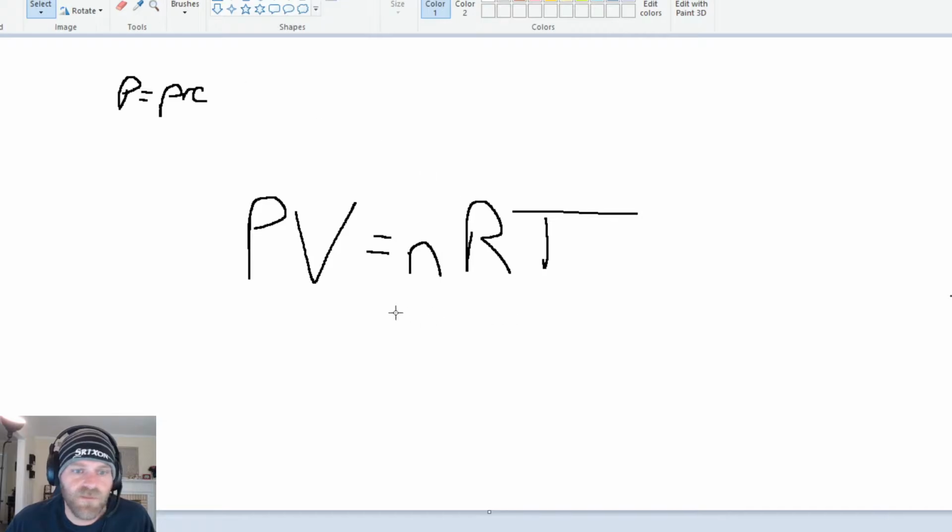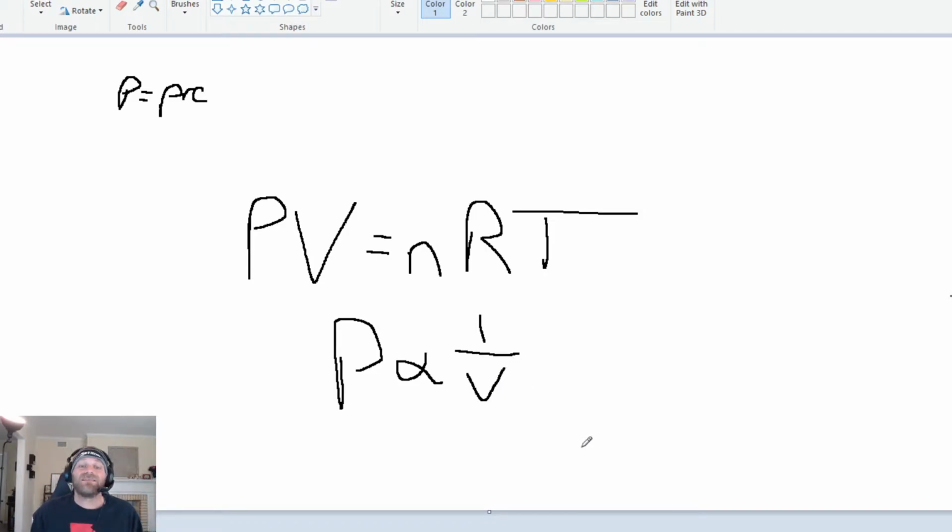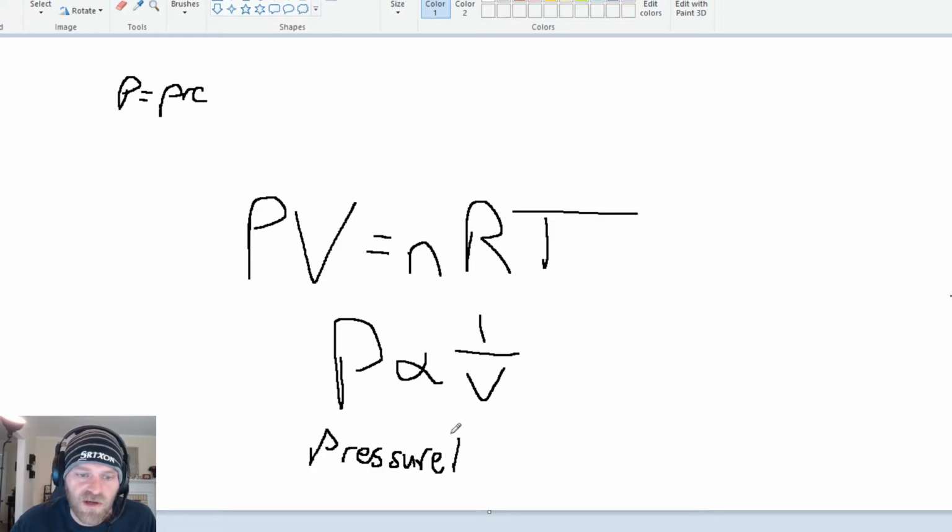All right. If you see this, P, and then the relationship sign, all right, that means it's inversely proportional. That means when pressure goes up, volume down.